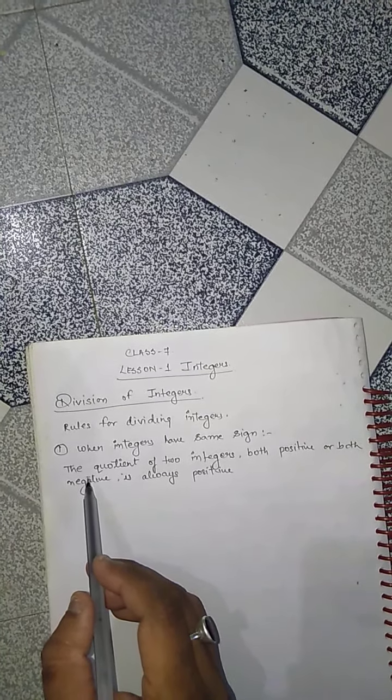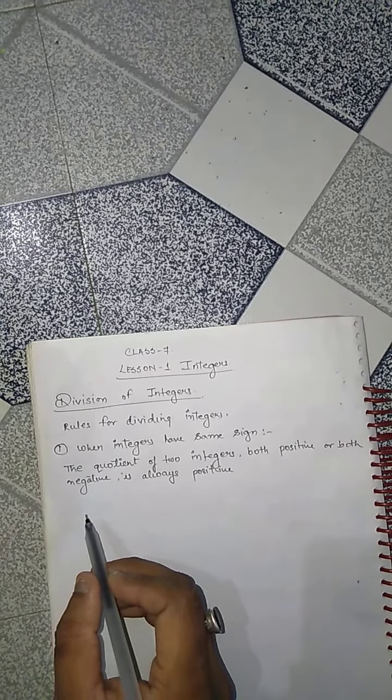Means when two integers, the dividend and the divisor, have the same sign, then your quotient comes positive.